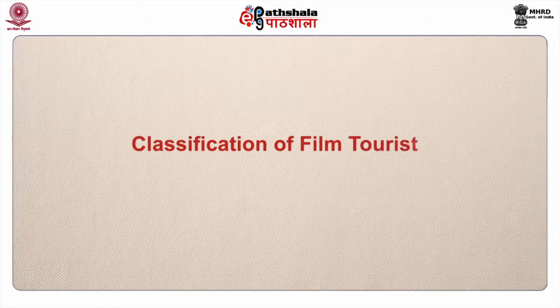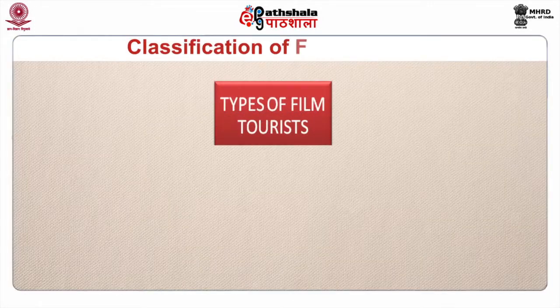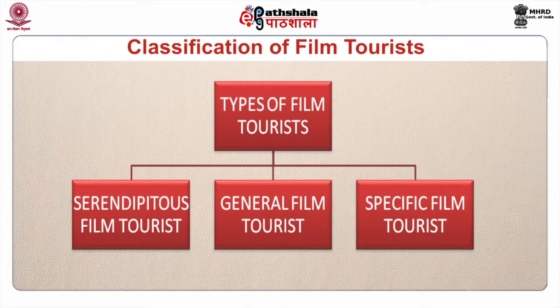Next, we will discuss the classification of film tourists. Film tourists are classified on the basis of their motivation or their level of involvement with film tourism. The classification given by McKinness in 2004 suggests the following types. First is the serendipitous film tourist.